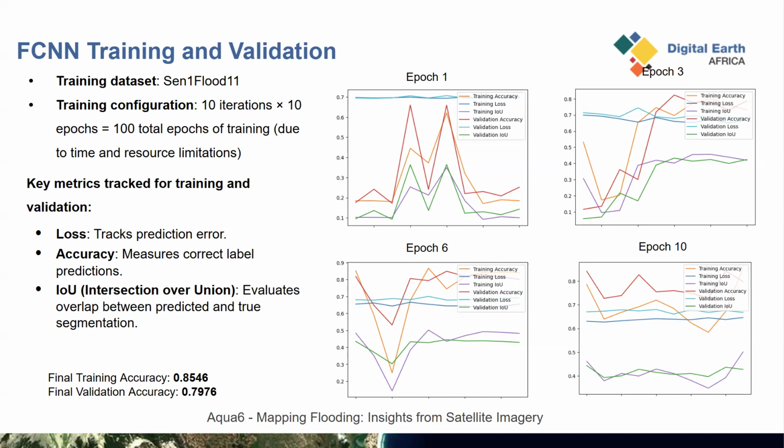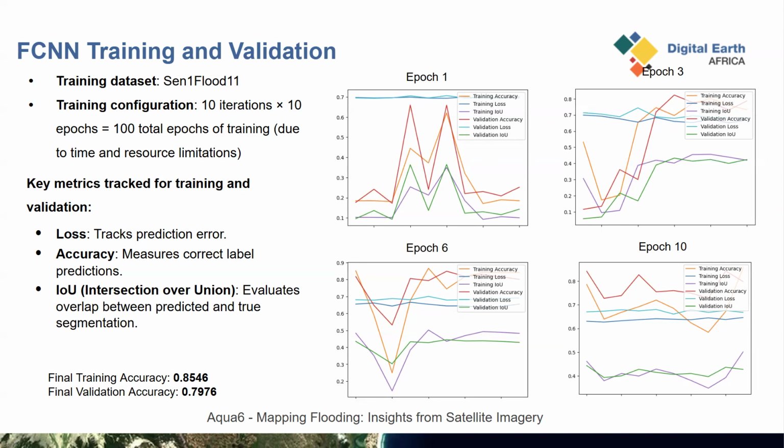Perhaps I should explain how to actually read these metrics that we tracked, the accuracy and the IoU, the intersection over union. For the accuracy, we're looking at the orange for the training and the red for the validation. So it's these two lines, and the intersection over union are these two at the bottom. That at the top is the loss.